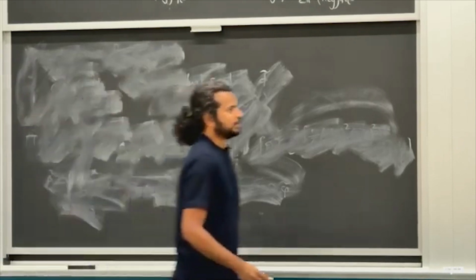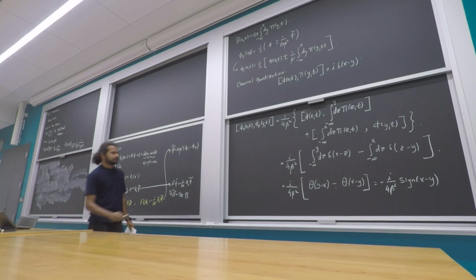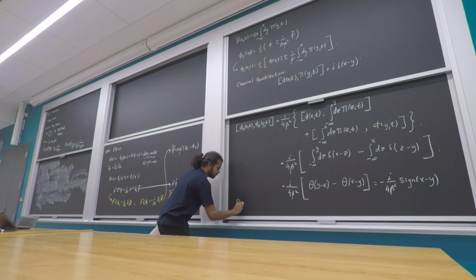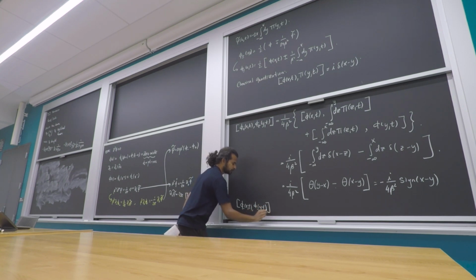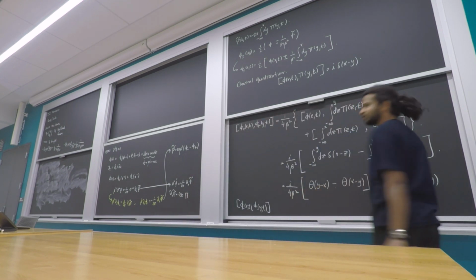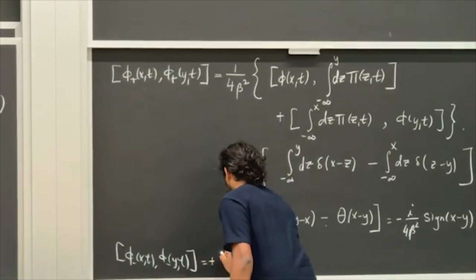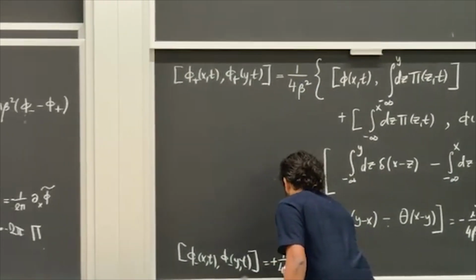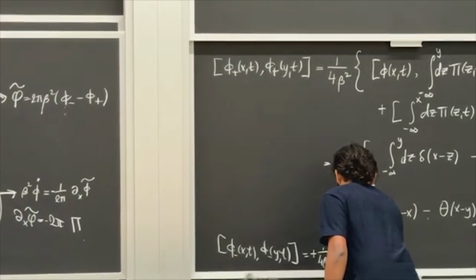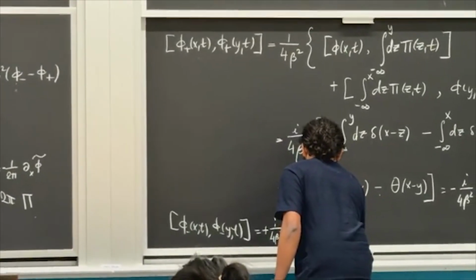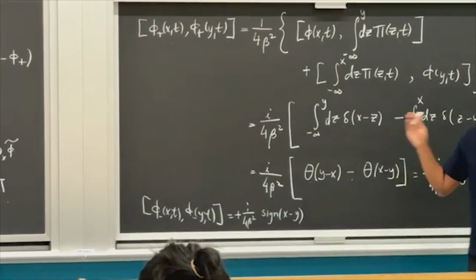So you can imagine that I can evaluate something similar like phi minus xt, phi minus yt, and the answer is going to be almost exactly the same, just up to a sign. So it's going to be plus I by 4 beta square sine x minus y. Exercise.